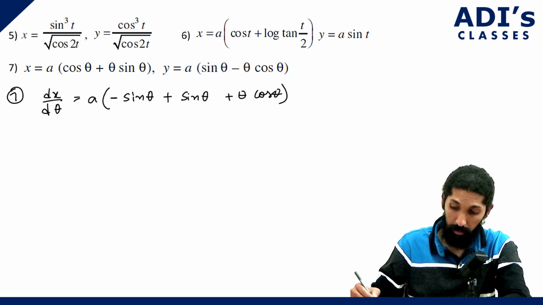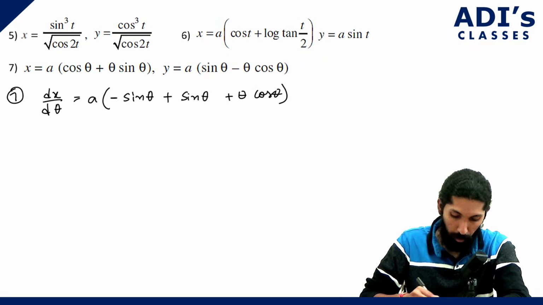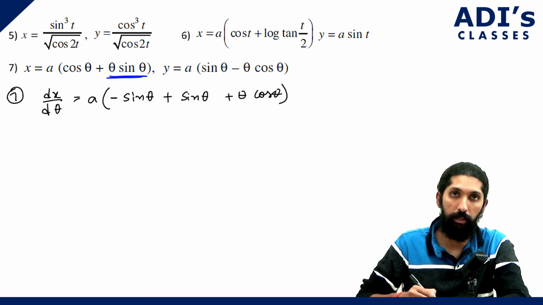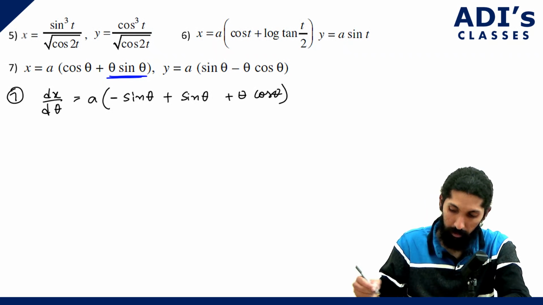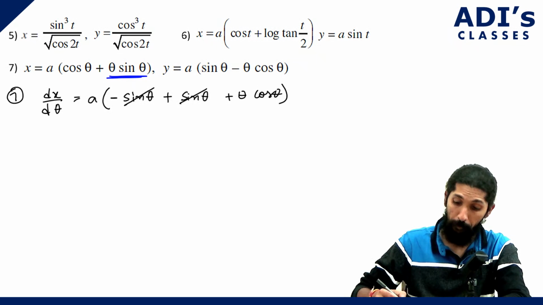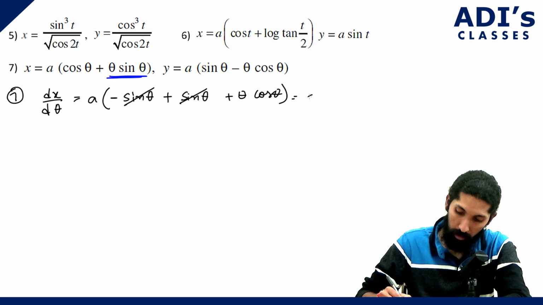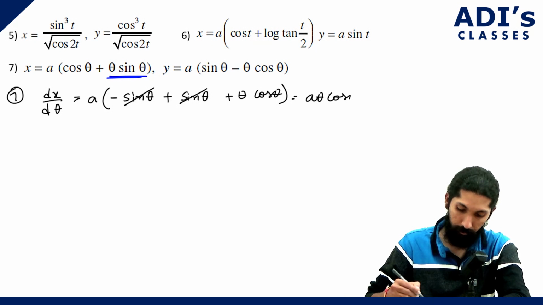The reason is here you have to apply the product rule, theta into sine theta, right? That's why we get this one. Sine theta cancels. So you get a theta cos theta, right?